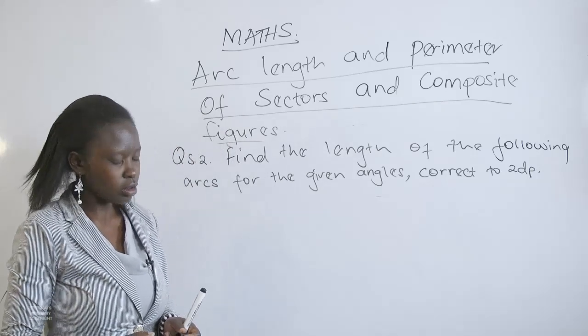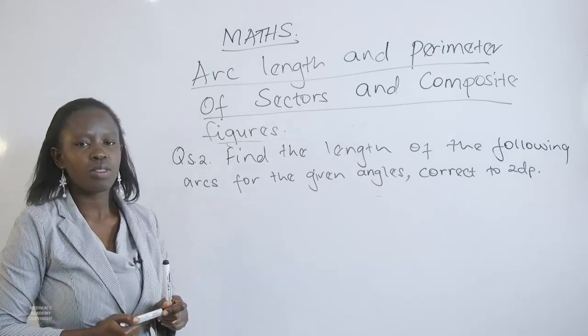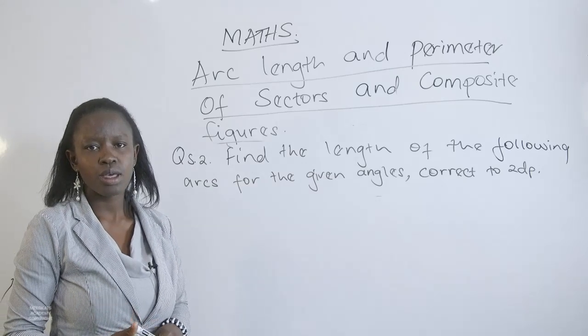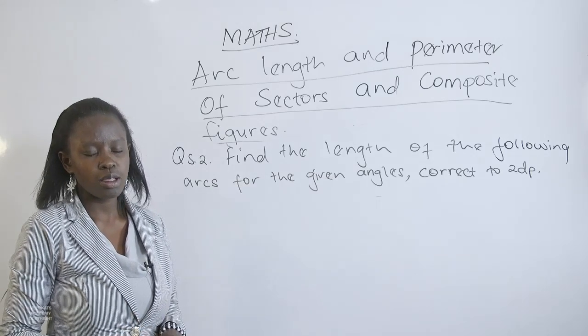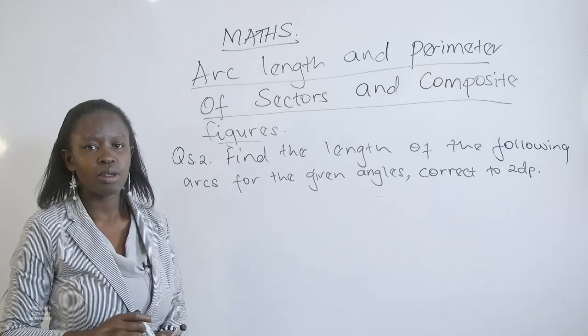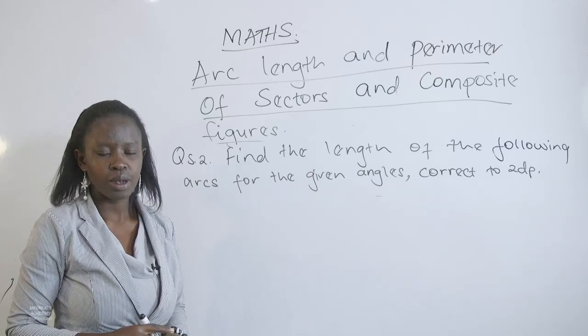So we are required to find the length of the following arcs for the given angles. We have the arcs and the given angles, and we need to get their length.